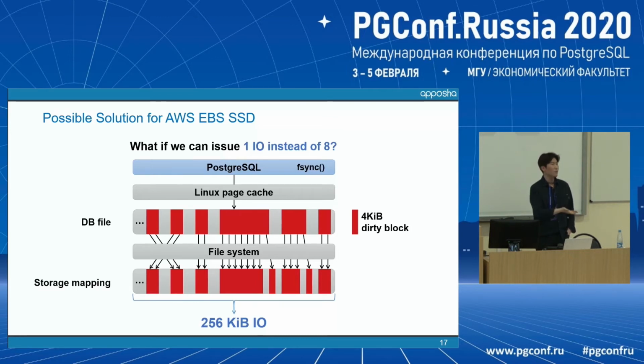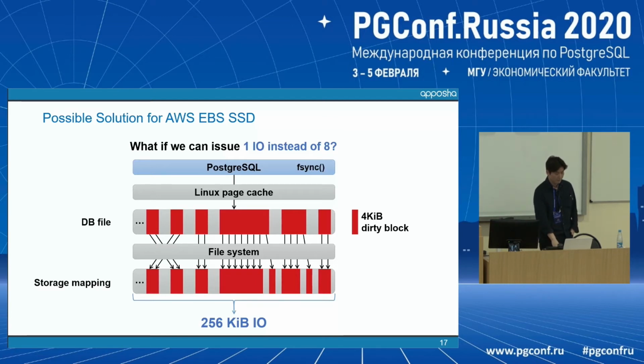But it's not true for physical storage. If bandwidth is limited, we end up wasting some bandwidth, because clean pages or clean blocks also need to be written to storage, but it's valid for cloud storage.